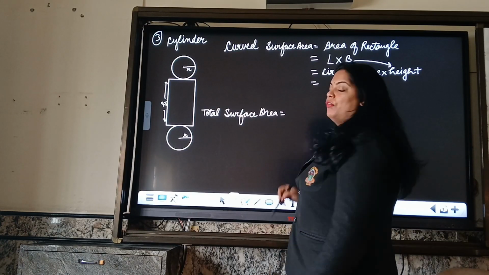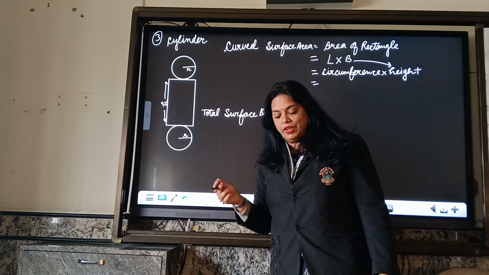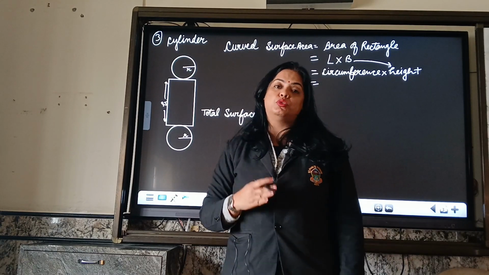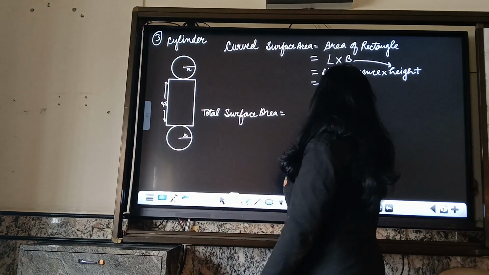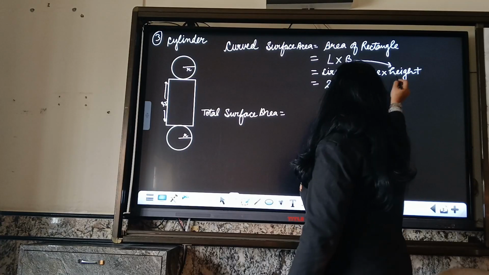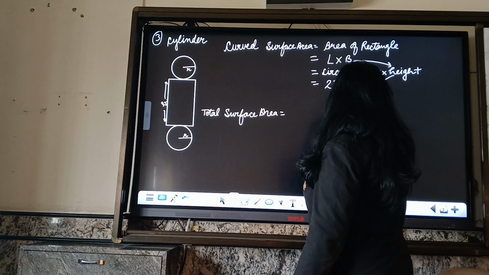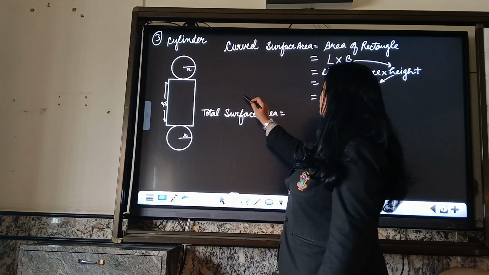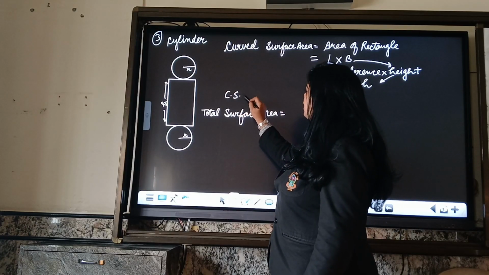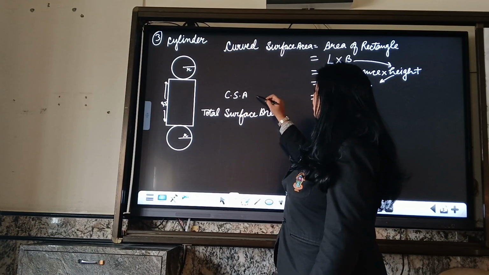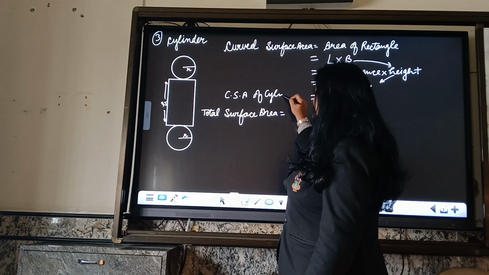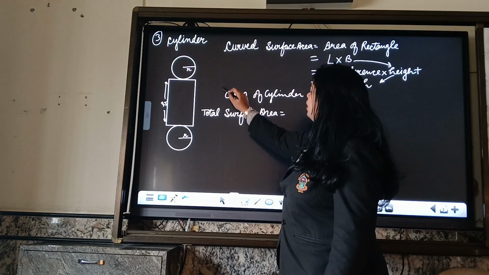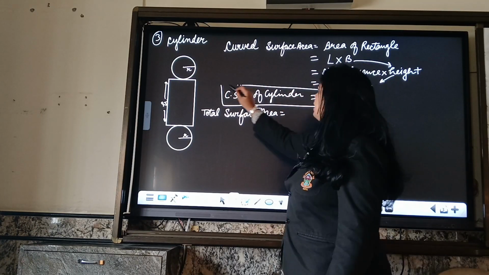So what is the formula for the circumference of a circle? Yes, we have read earlier in class 7, it is 2 pi r. So I will write 2 pi r, and height I will represent by h. So it will look like 2 pi r h. From today onwards, CSA, meaning curved surface area of a cylinder, is 2 pi r h.